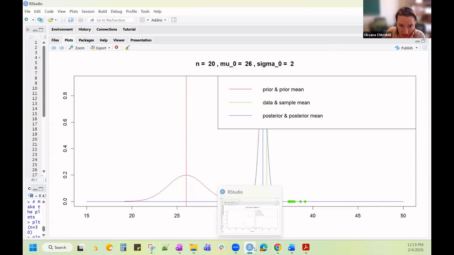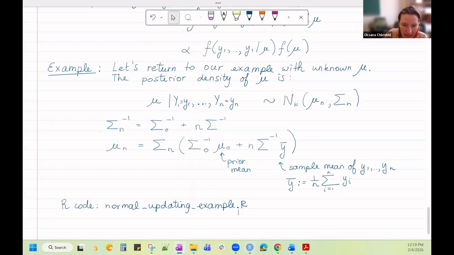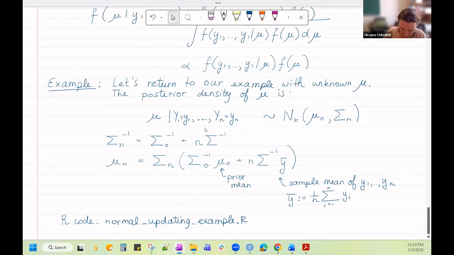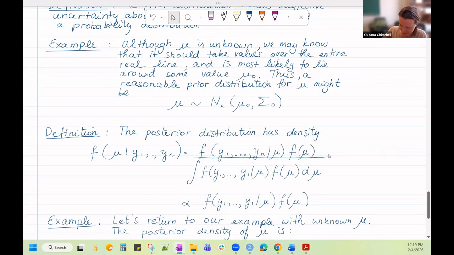I did get a question on the chat here that I'd like to answer, and it is about the initial covariance. That's a really good question. So the initial covariance, the prior covariance, which is this right here, actually has to be elicited. So it's application dependent. Essentially, when someone says, well, I really don't know anything at all about this mean, it could be any value, we're going to choose a sigma that is very diffuse.